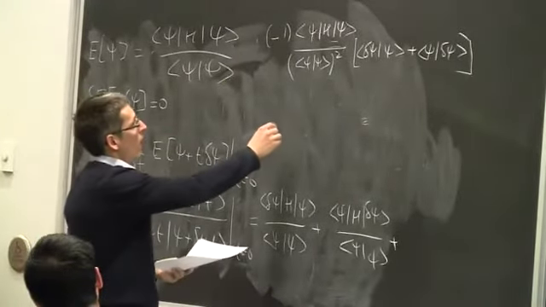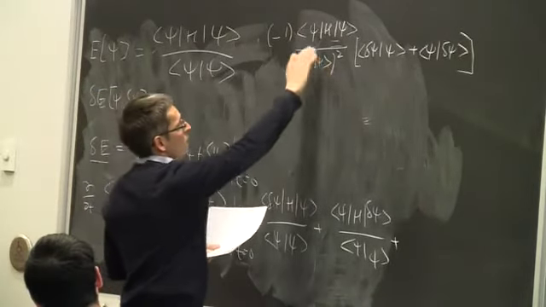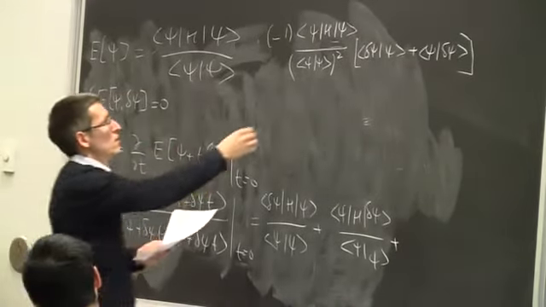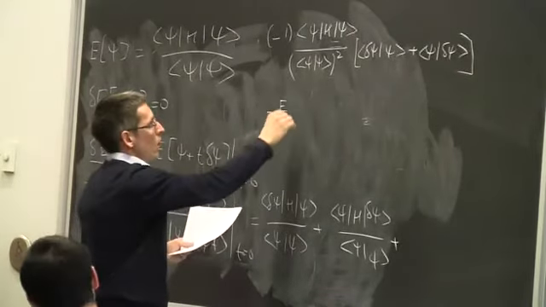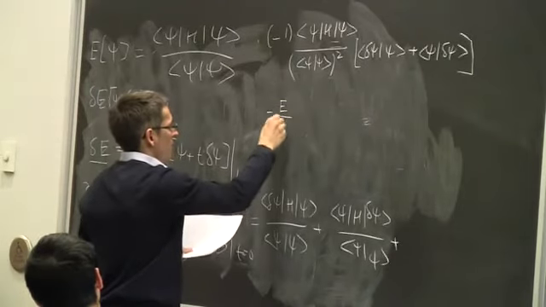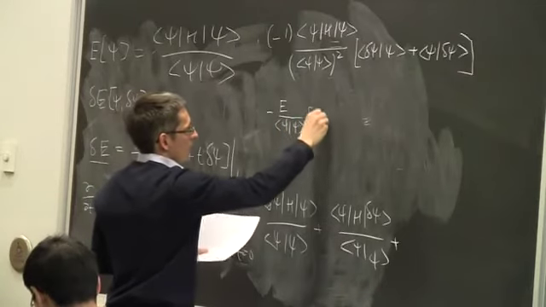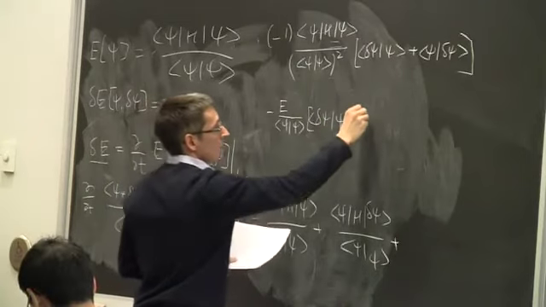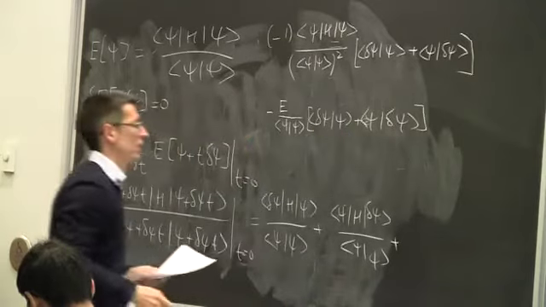Now, it is helpful to recognize that actually psi h psi divided by psi is just E, right? So what we get out of this term is minus E, our functional back, divided by psi, and then multiplied by nabla, delta psi plus psi, right?